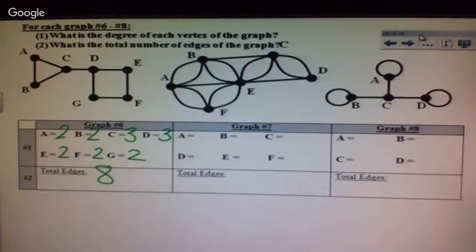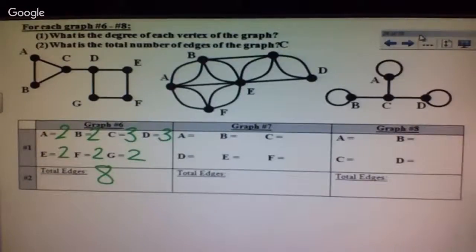So I have a question. Graph 6 cannot be an... Wait, can this also work with the Euler circuit theorem? So graph 6 cannot, because it has an odd vertex.